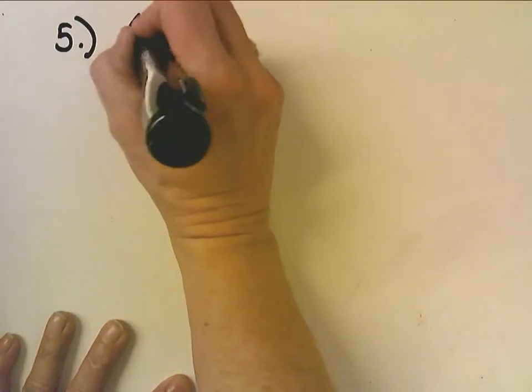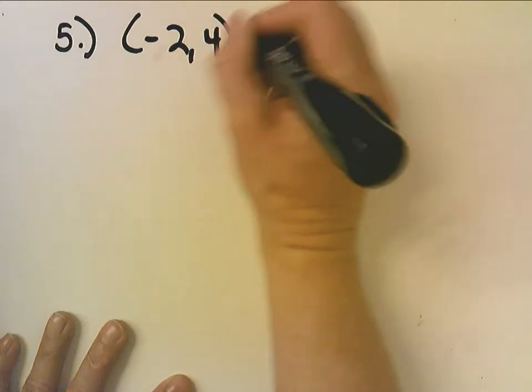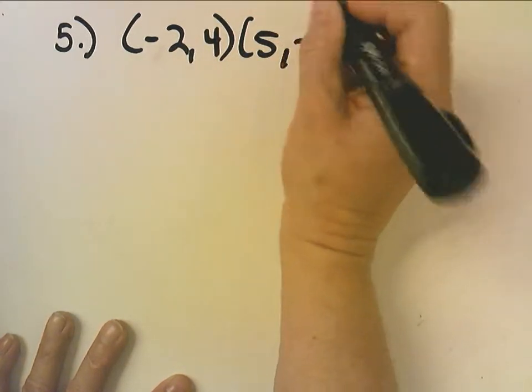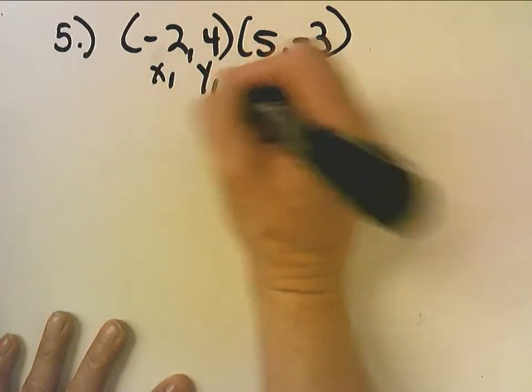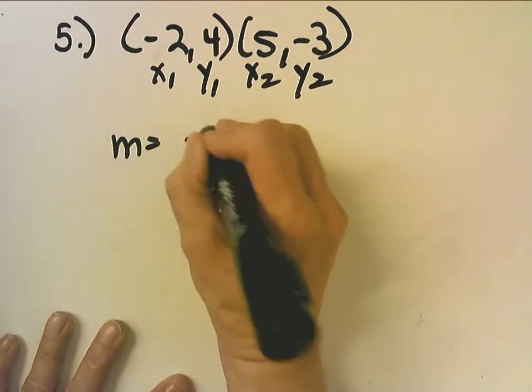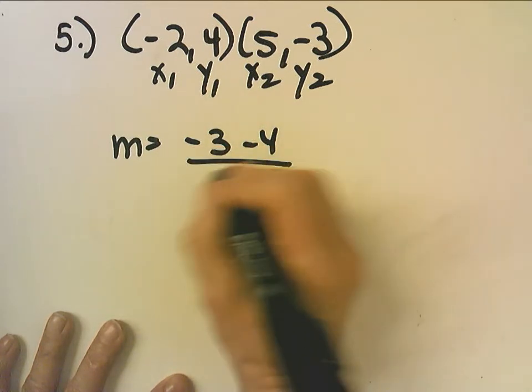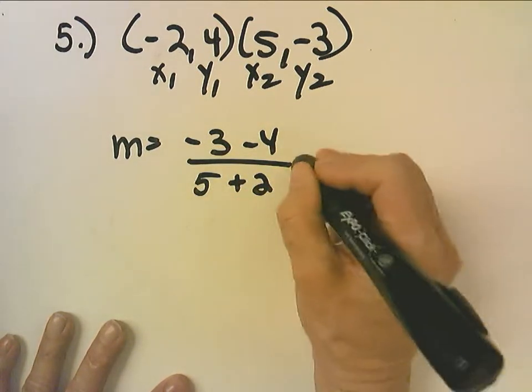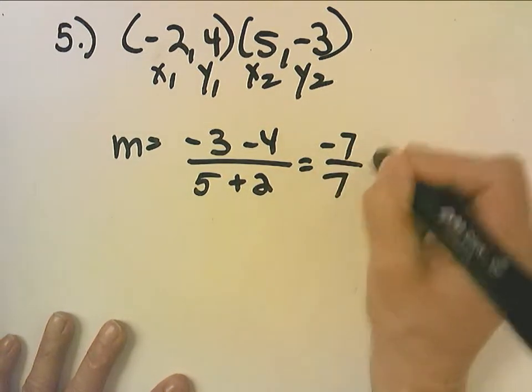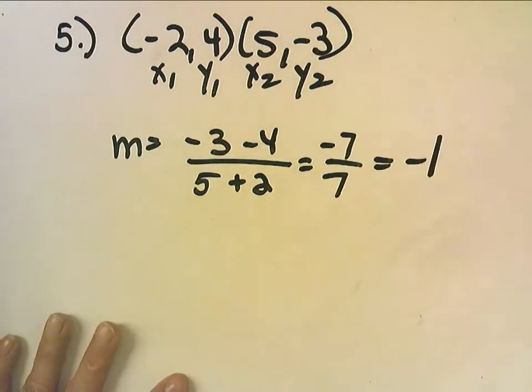So number 5 is (-2, 4) and (5, -3), x sub 1, y sub 1, x sub 2, y sub 2. M equals negative 3 minus 4 over 5 plus 2, negative 7 over 7 equals negative 1.